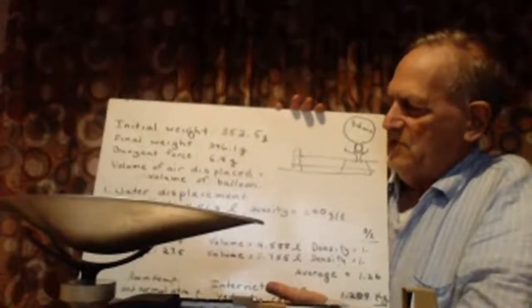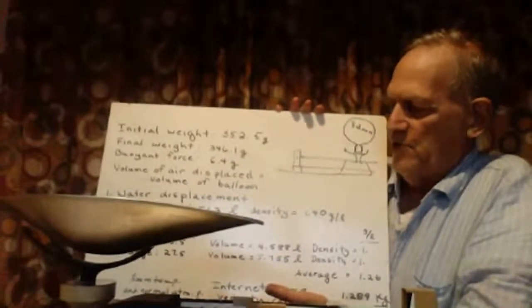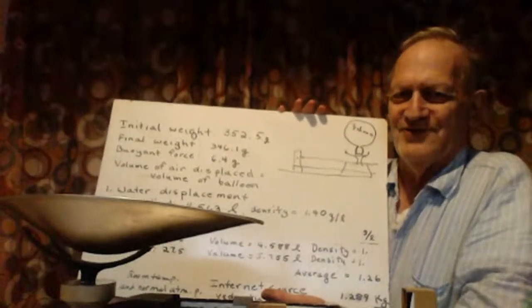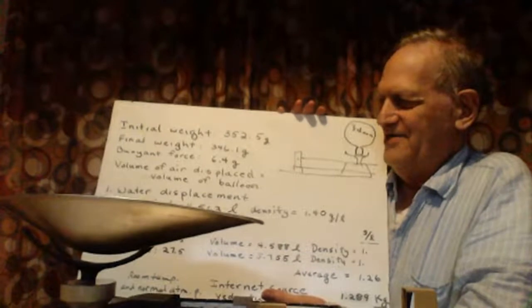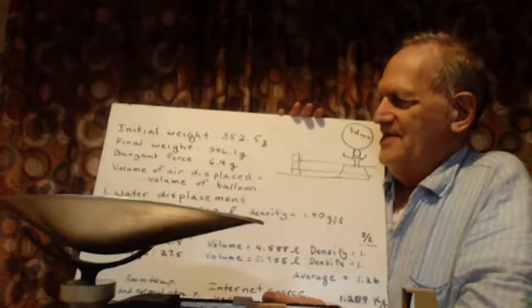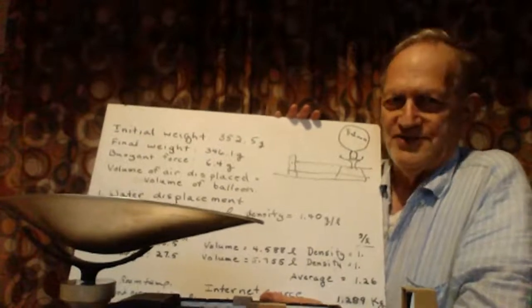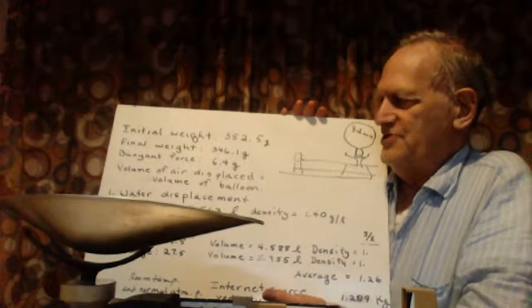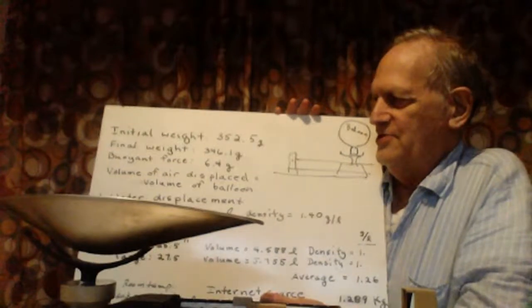When we subtract one from the other, we get 6.4 grams, which was the actual, shall we say, measure of the buoyant force. I know some of you are going to say, well, that's a mass figure and that's not force. But for now, we're just going to look at it as a weight, if you don't mind.